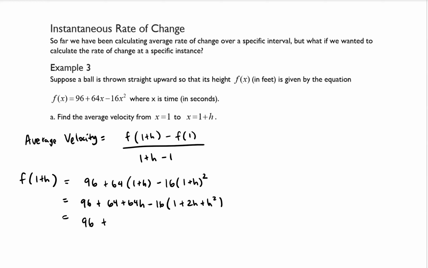So I get 96 plus 64. I should probably combine those. Let's see, so that would give me 160 plus 64h minus 16 minus 32h minus 16h squared. And then 160 minus 16 is 144, and 64h minus 32h gives us 32h, and then minus 16h squared.